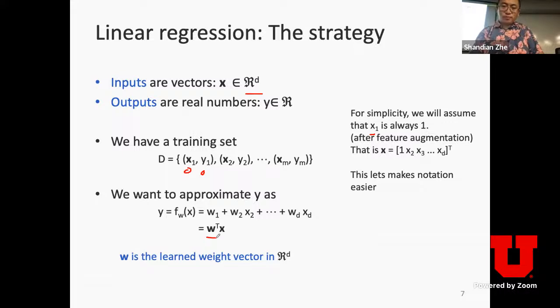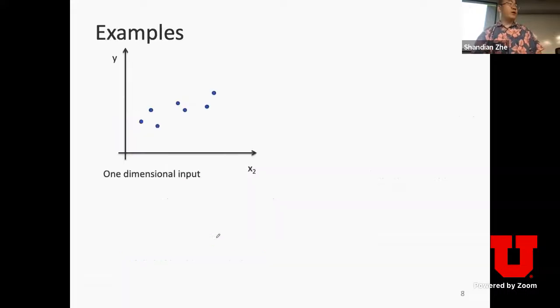Okay. So now we're going to instantiate this linear regression with several concrete examples. First, suppose we want to do one-dimensional regression. That means your input feature is just a number, and then you can imagine our training data points like this. So you have different features x. Remember here we put x2 because x1 is fixed as constant feature 1.